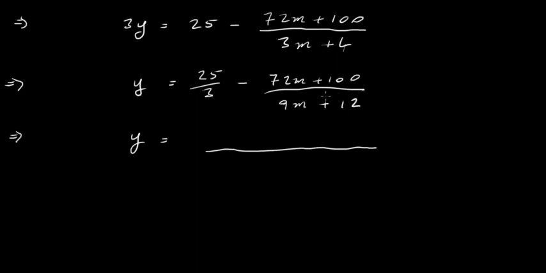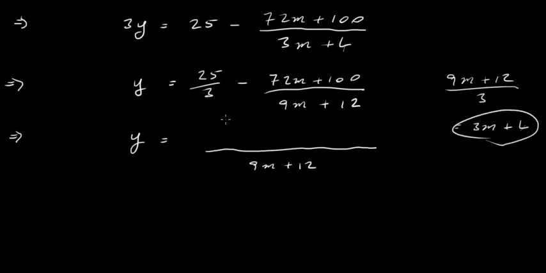So my common denominator is going to be 9m plus 12. Divide 3 into 9m plus 12. 3 into 9m is 3m, 3 into 12 is 4. So when I divide 3 into 9m plus 12, I get 3m plus 4.